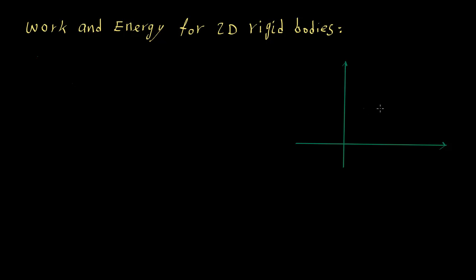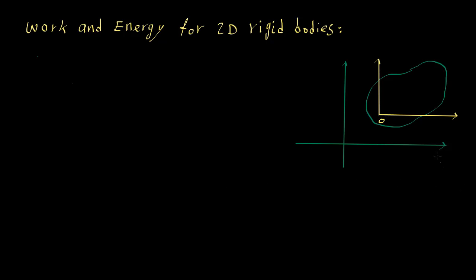So let's say this is our coordinate system. We have a general rigid body here, and we have the velocity of one point. That point is, let's say, this point O on the rigid body, and we attach a frame to the rigid body at that point.